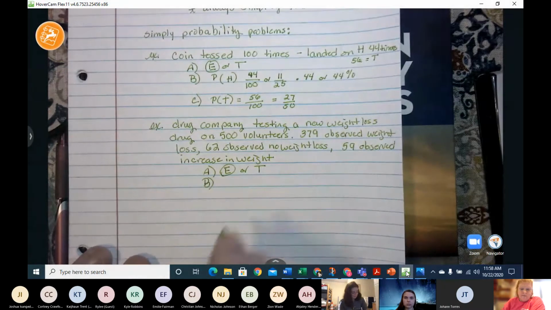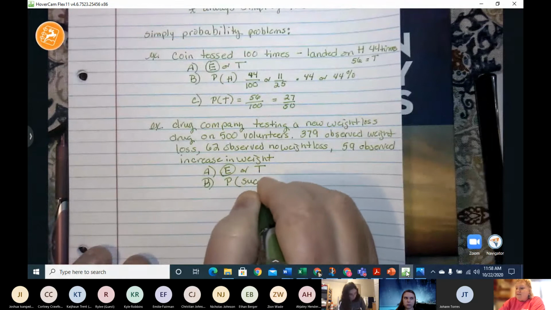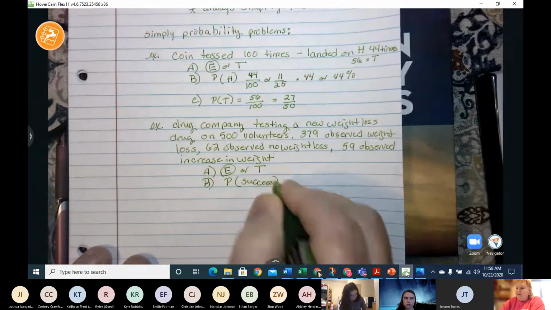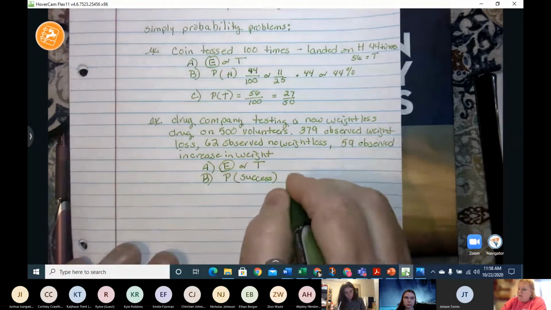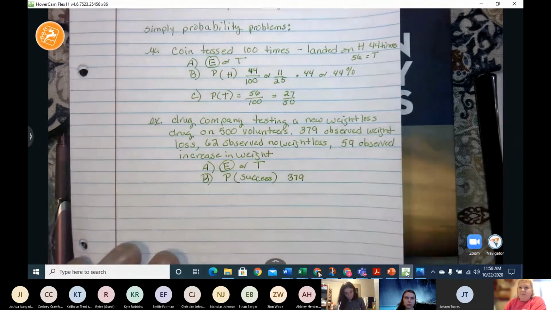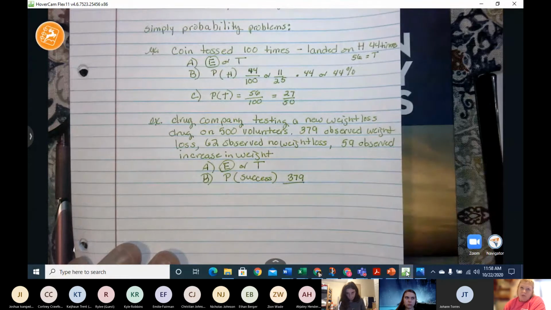Question B. The probability of success for this drug testing. How many observed weight loss? 379 people. How many could observe weight loss? How many were in the study? How many took the drug?